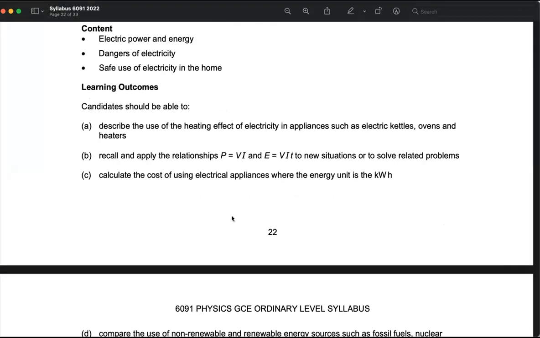Okay, so now I will talk about power. Energy is equal to power times time. And in this topic, your power is in kilowatt, your time is in hour, and therefore your energy use will be in kilowatt hour. All these three units are not the SI unit.